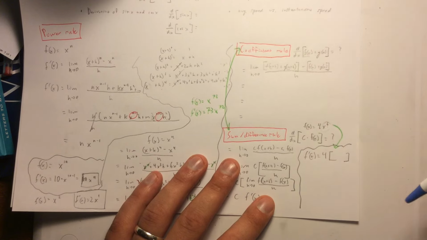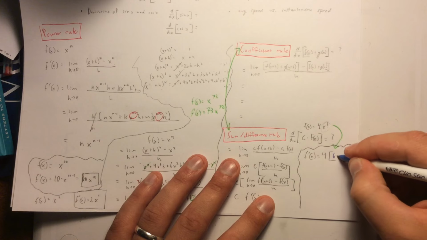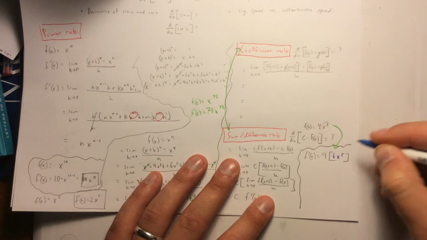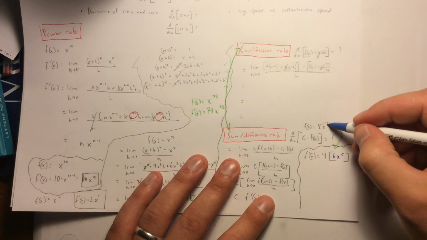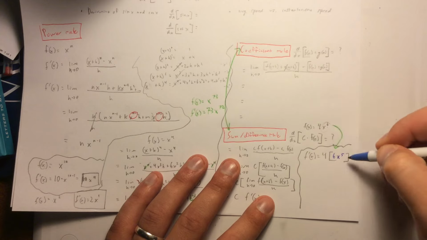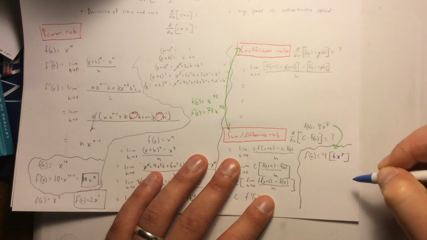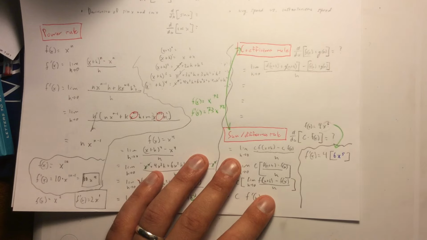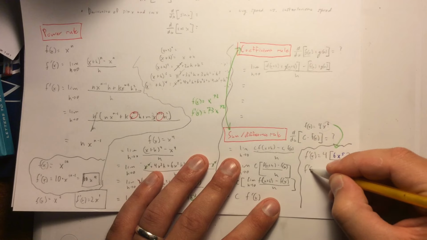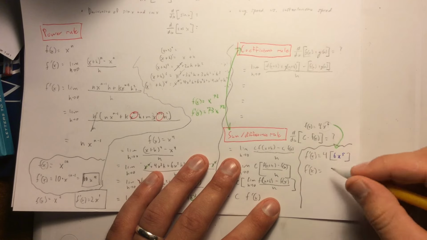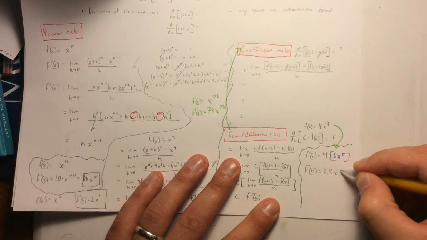The derivative of x to the 6th is going to be 6x to the 5th. Once again, that's the exponent, I bring it down in front, I subtract 1 from it. That's the power rule. So what is f prime of x? 4 times 6x to the 5th, so 24x to the 5th.